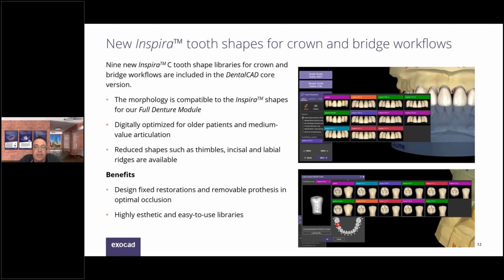These are Crown and Bridge libraries based off the same anatomy, just ported over. The cool thing about these is they can also be used for thimble bridges. They have the cutback and reduction libraries for thimbles, incisal, and labial ridges. So you have a lot more options in the software for those types of bridges and restorations.